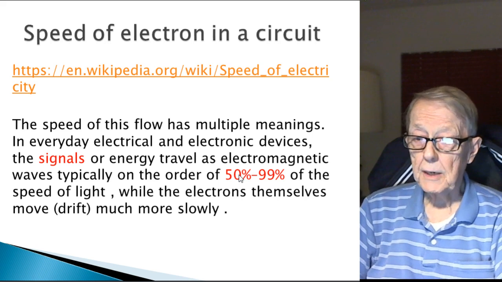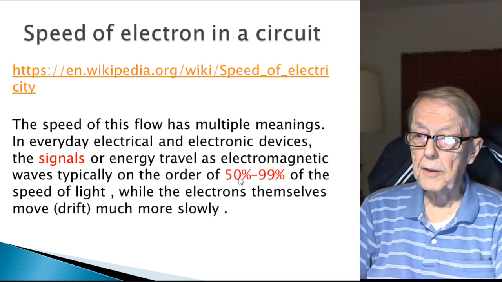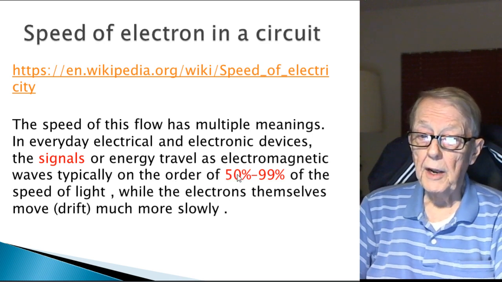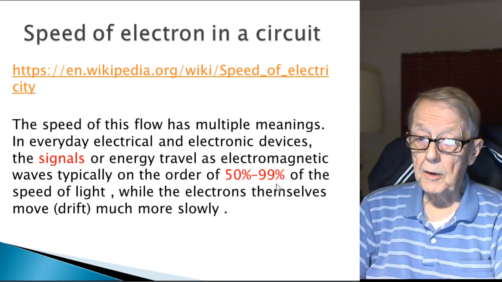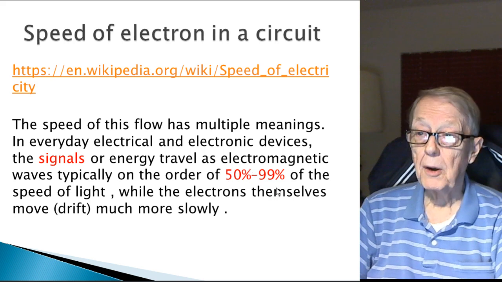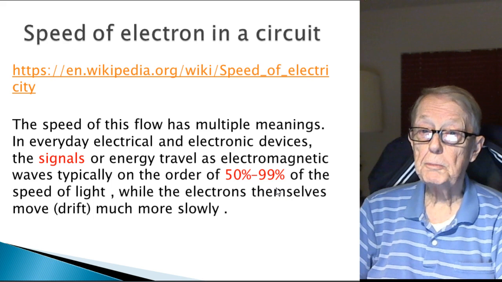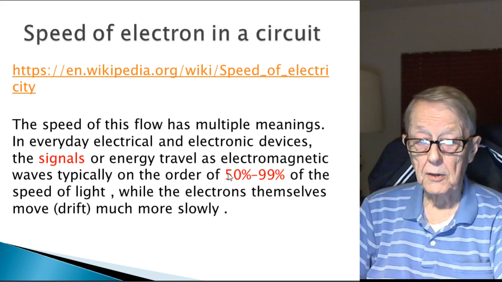If it's not a straight line path, then the path length is longer than the straight line path. And if it's twice as long as a straight line path, you're going to measure signals that are as slow as 50%. My point is that even when you measure signals moving at 50%, the G1 particle speed in the circuit is moving at speed c. It's only the path that gets longer.